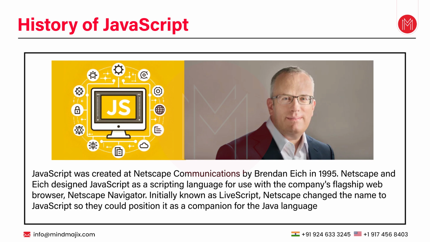Initially, JavaScript was known as LiveScript, but Netscape changed the name to JavaScript so that they could position it as a companion for the Java language, which was a product of their partner company, Sun Microsystems. Apart from some superficial syntactic similarities, though, JavaScript is in no way related to the Java programming language.